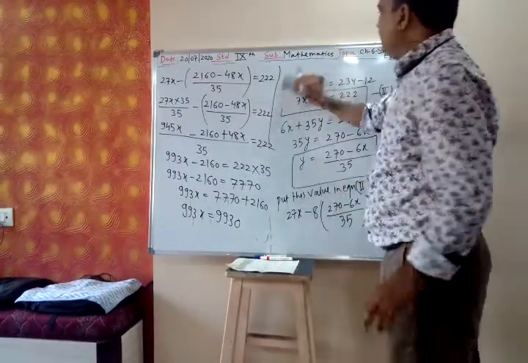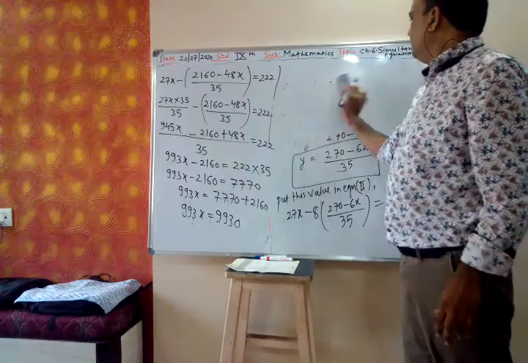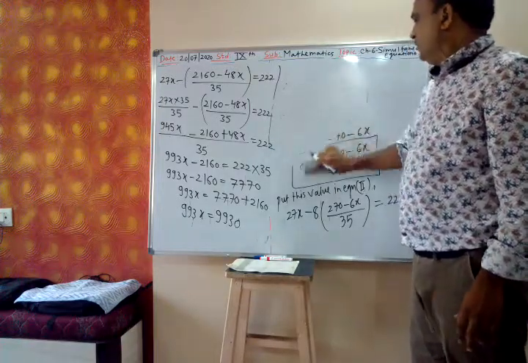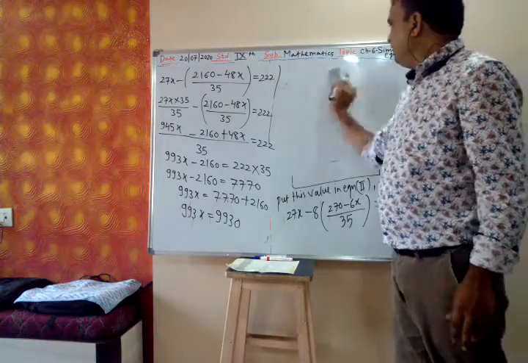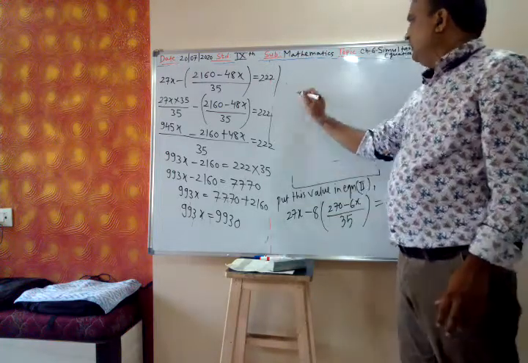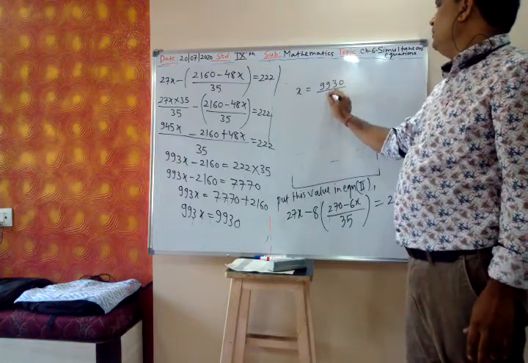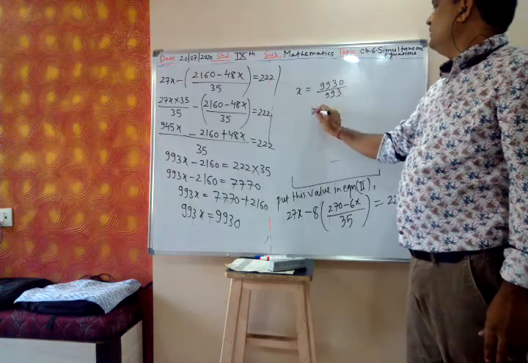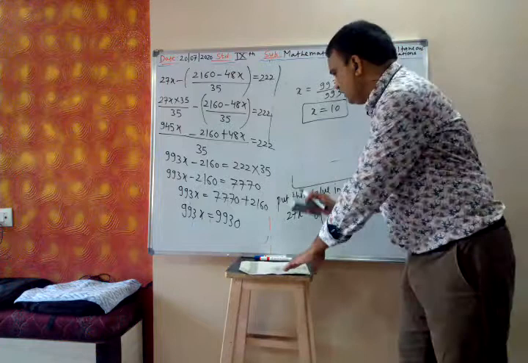You will get the value of x as 10. So x is 9930 upon 993. So x is 10. Now this value you put in equation 1 or equation 2 to get the value of y.